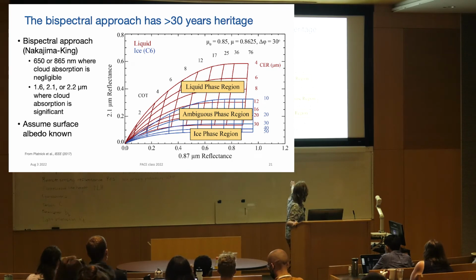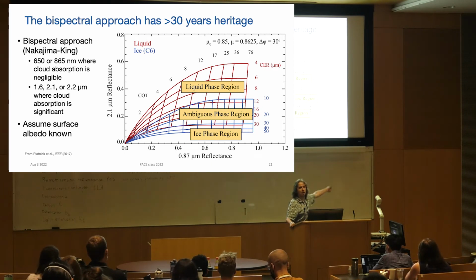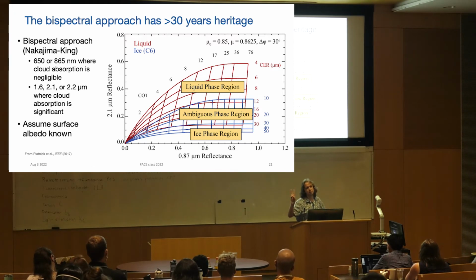And these horizontal lines are ones of decreasing particle size. So the higher the optical thickness, the further to the right you are. And the smaller the particles, the further up you are. And because these lines are roughly orthogonal, so they're roughly at right angles to one another, it is often a fairly direct lookup between these two channels and these two parameters, which is really nice.